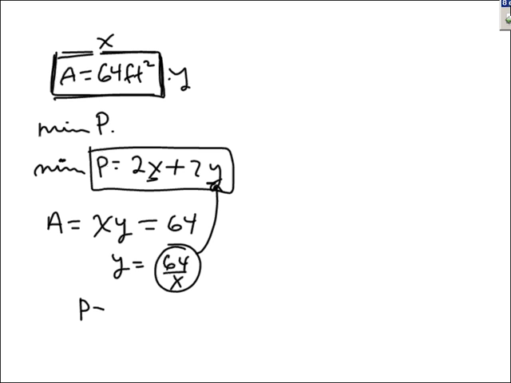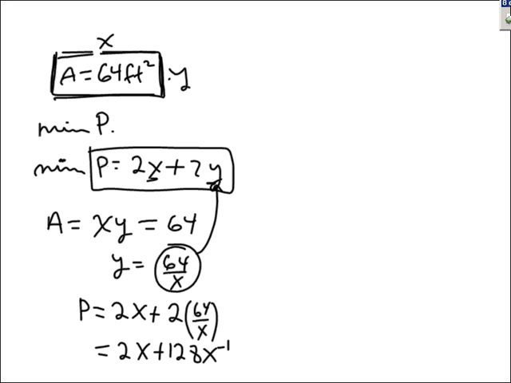So P is 2x plus 2y. That is, P is 2x plus 128x to the negative 1. I brought the x up because I want to take the derivative, and I don't want to use a quotient rule.